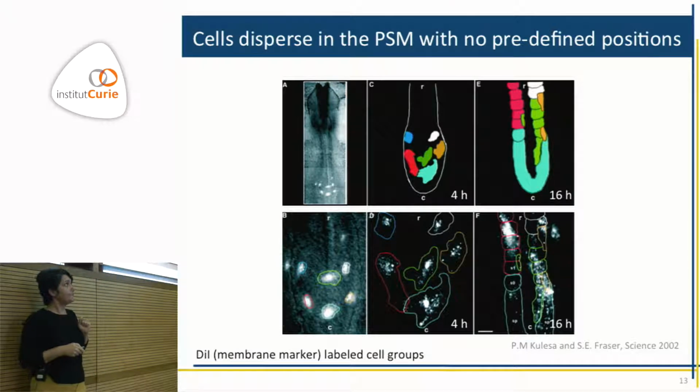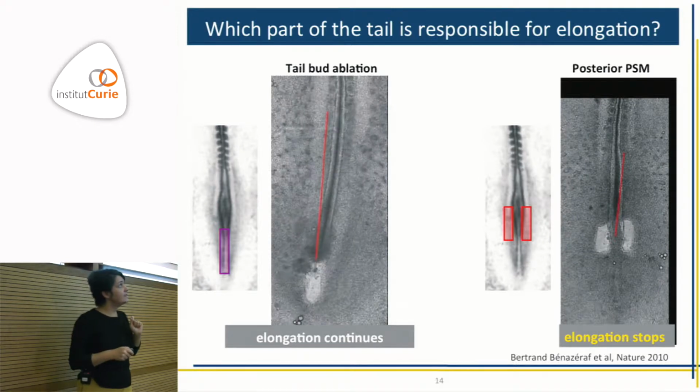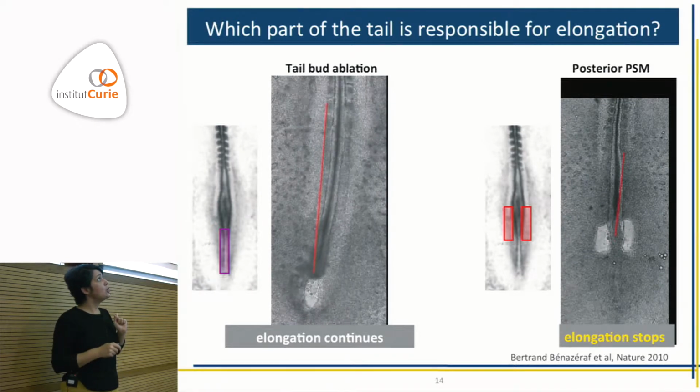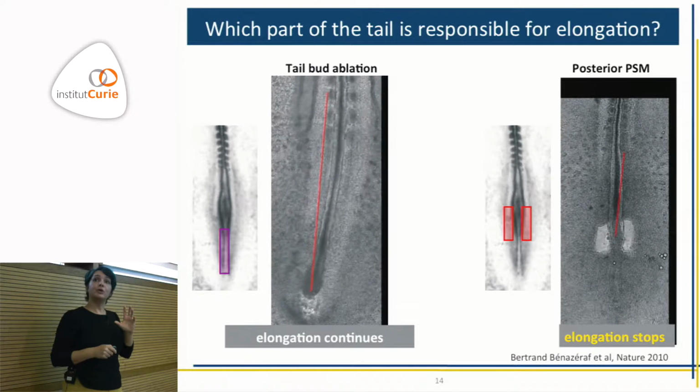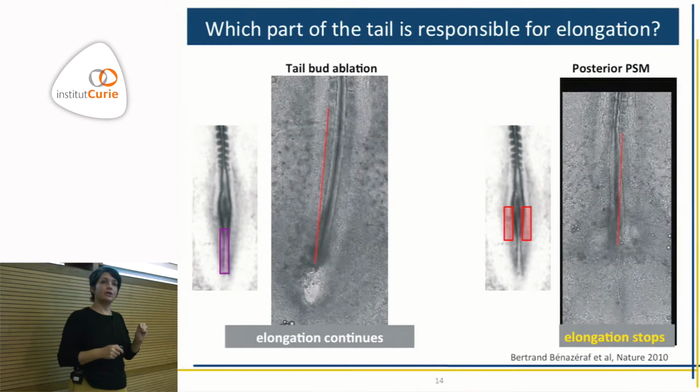Okay? And so another experiment that Bertrand did was that he wanted to know which part of the posterior part of the embryo acts more in the elongation process.